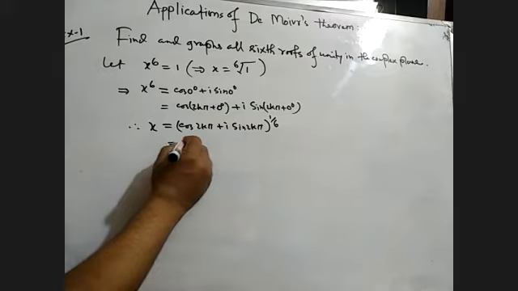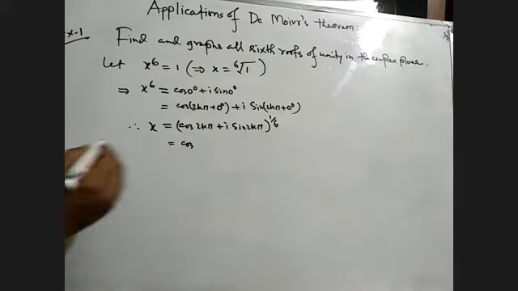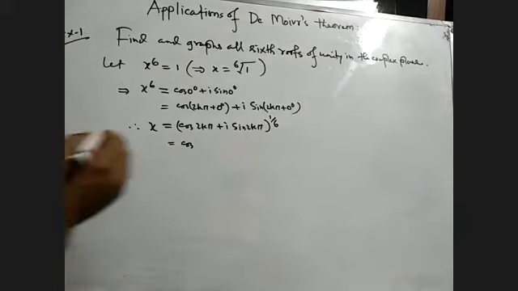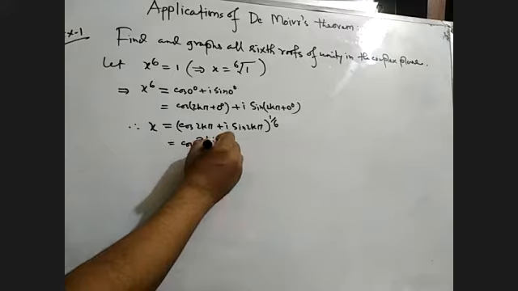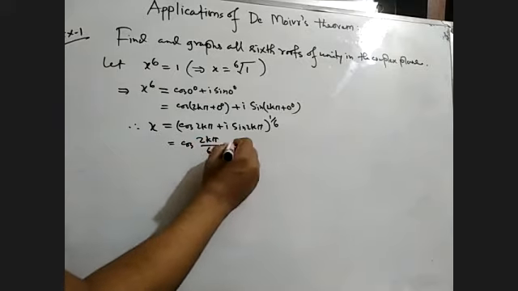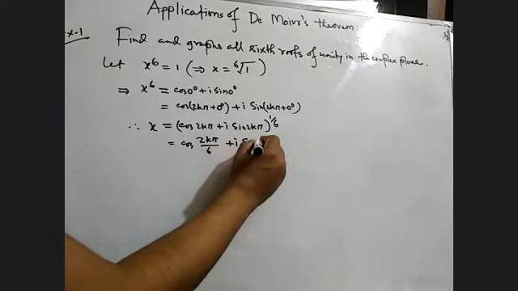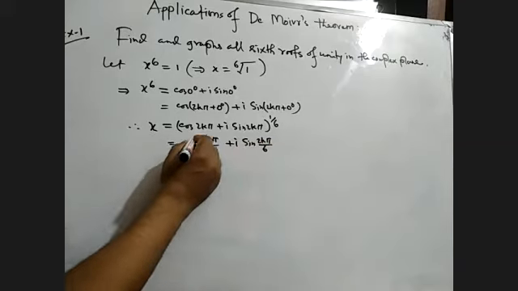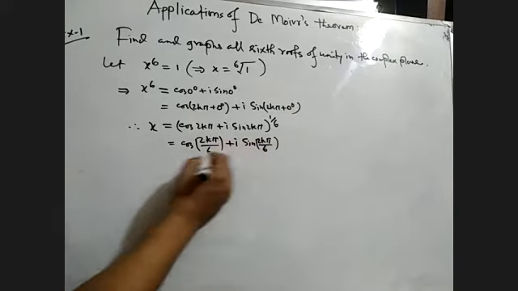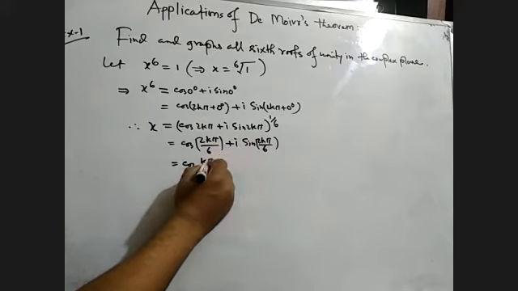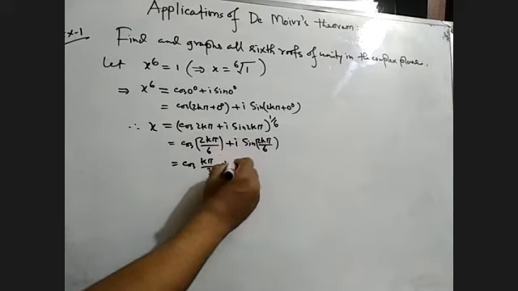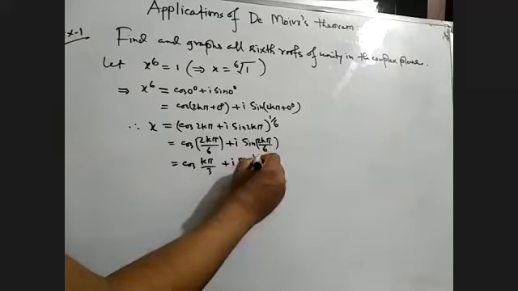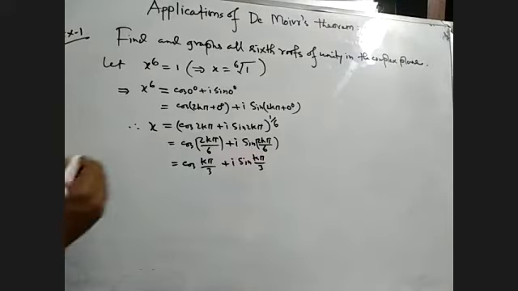So this equals cos(2k pi/6) + i sin(2k pi/6), which equals cos(k pi/3) + i sin(k pi/3).